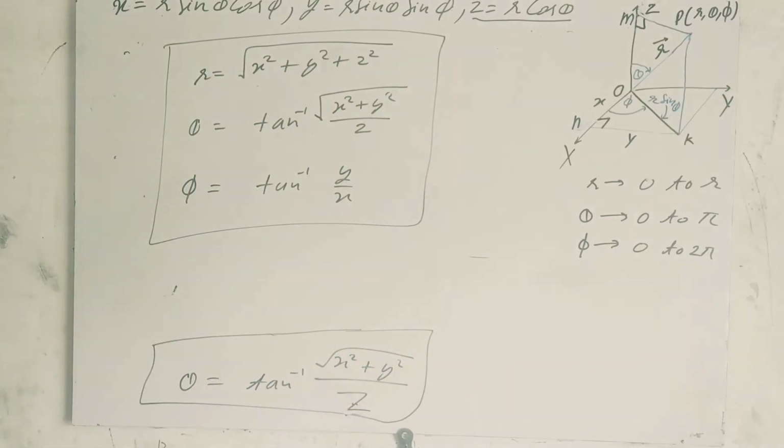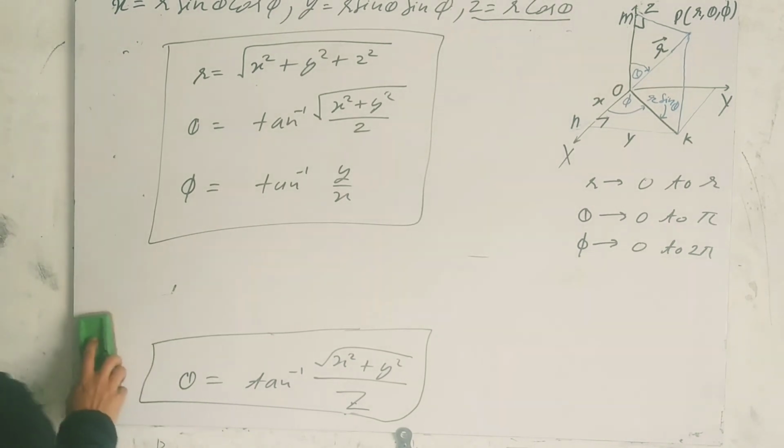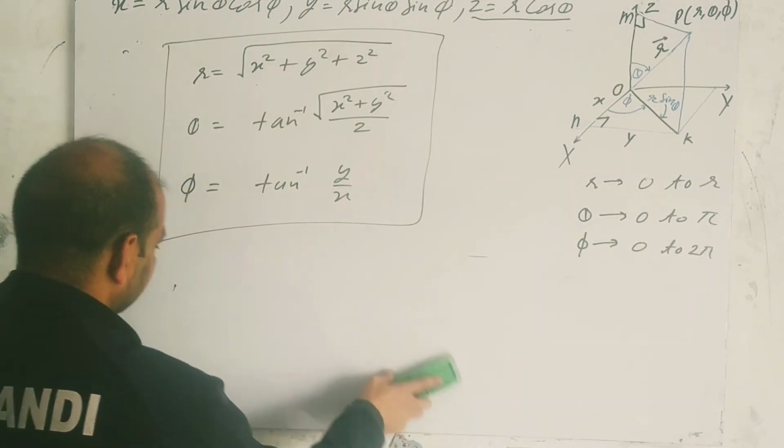These are the relations between the Cartesian and spherical coordinate systems.